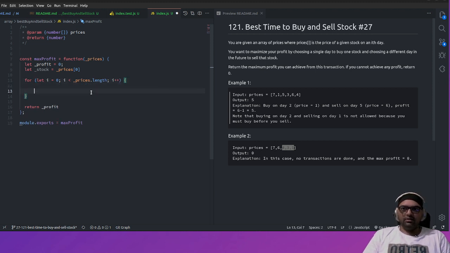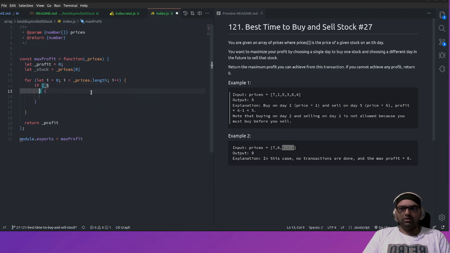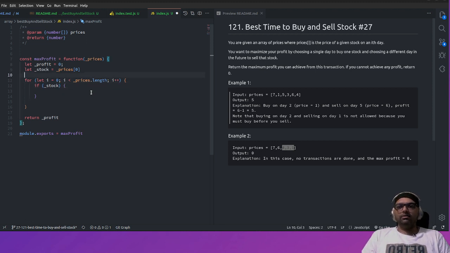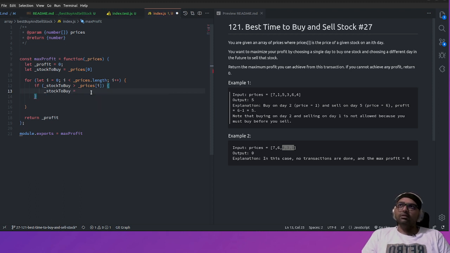Then the if condition: if _stock_to_buy, which is an understandable naming convention, is greater than _prices of i, on the first iteration, then _stock_to_buy is equal to _prices of i, because we redefine that value.